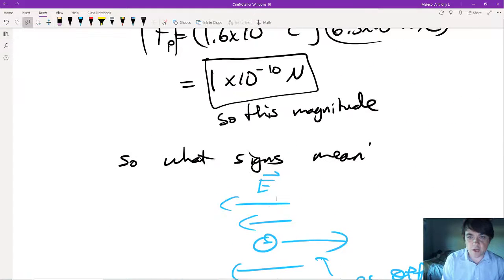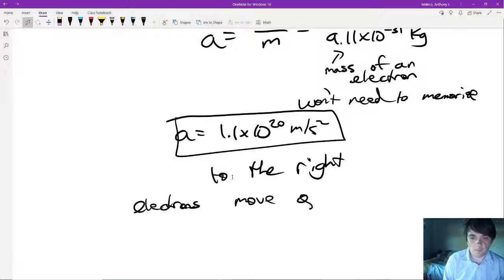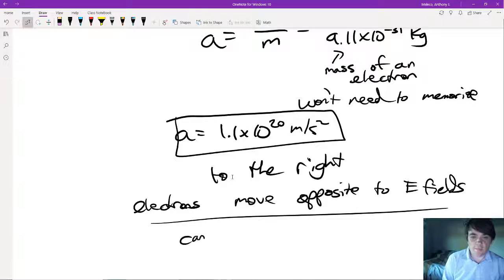That's because electrons move opposite to E fields, and again, you can figure that out with the signs.